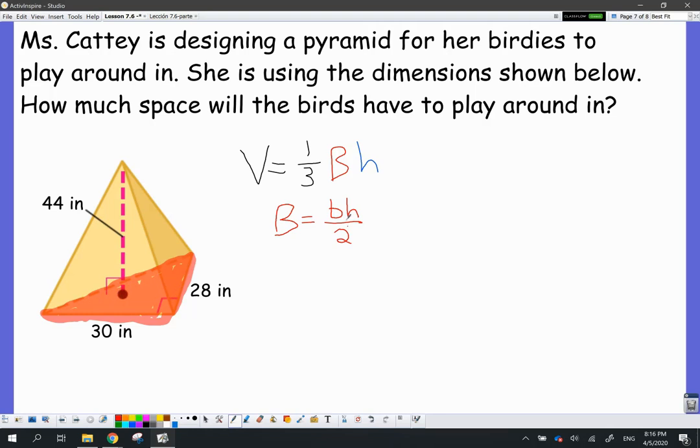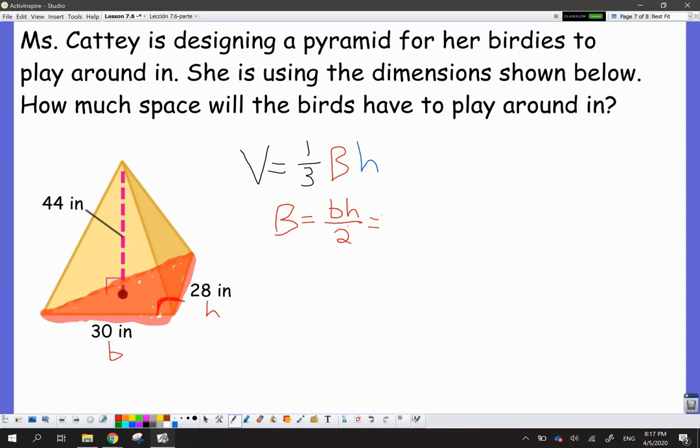So the base and height here, lowercase b, and height of triangle, is using the dimensions of only the triangle here at the bottom. So the base of the triangle here is 30 inches. And the height of the triangular base here is 28 inches. And I know that because I can see that these two lines are perpendicular. So these two must be my base and height for the triangle.